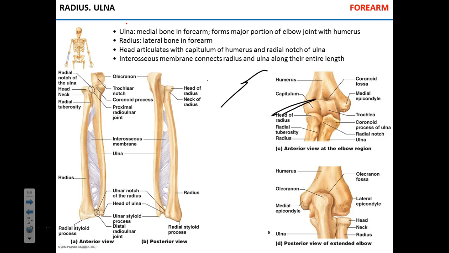So the radius. The proximal part of the radius is called the head, right here. You can see the blunt-shaped head of the radius. The head of the radius articulates with the capitulum of the humerus.